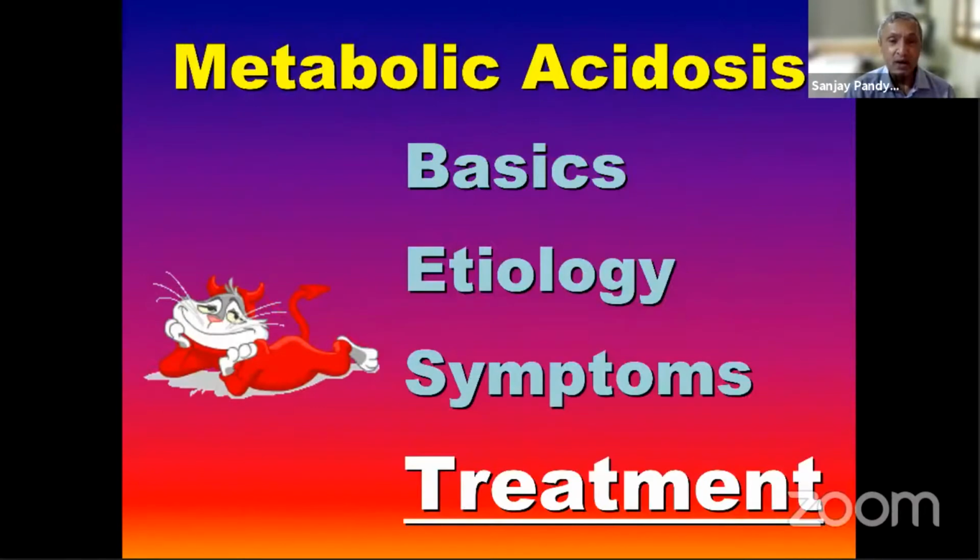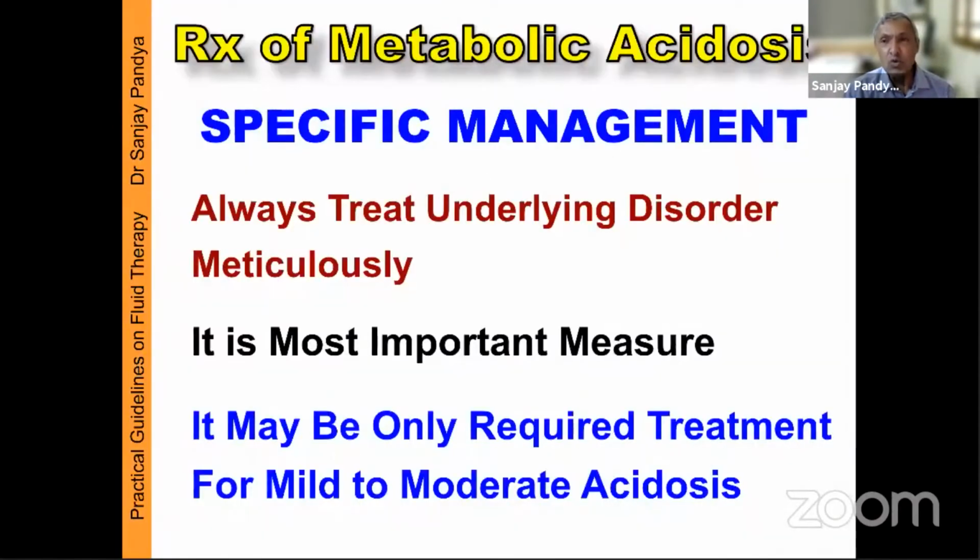Now, coming to how we manage metabolic acidosis, it's a broad topic, but it is very important to remember to look at the underlying disorder, and treatment of the underlying problem is the most important measure to manage metabolic acidosis. And in some patients we need to provide bicarb, we need to directly treat the metabolic acidosis.